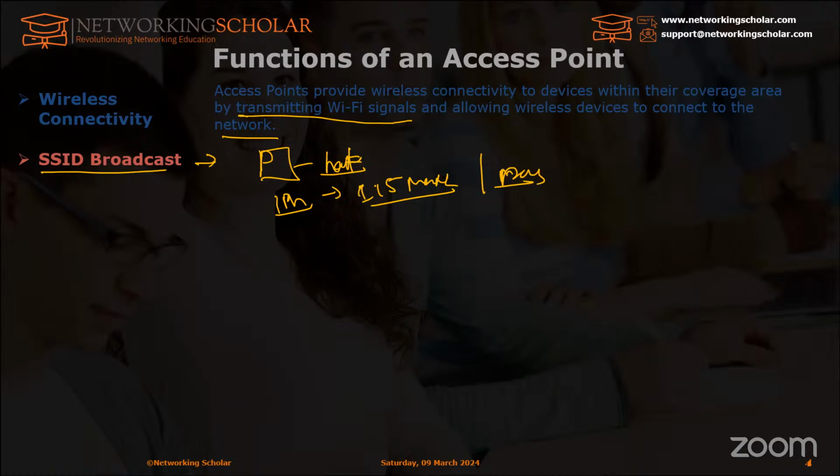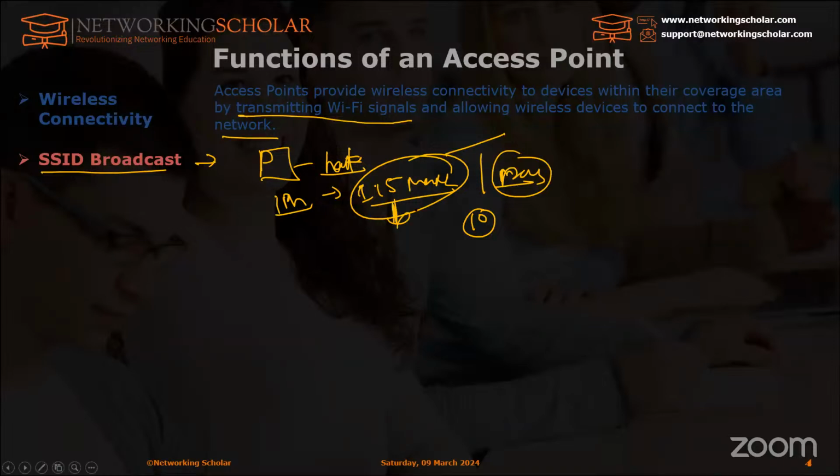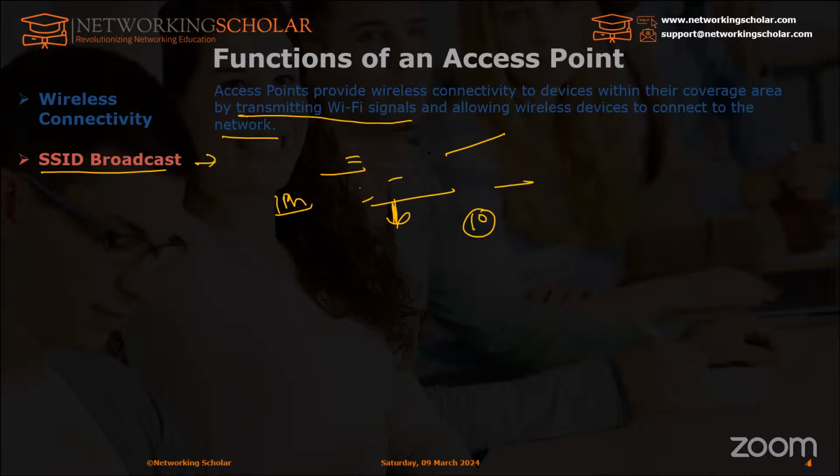Everyone within some range, like a 10-meter radius, can see that the iPhone 15 Pro Max Wi-Fi hotspot is enabled and password protected. This name is basically called the SSID.